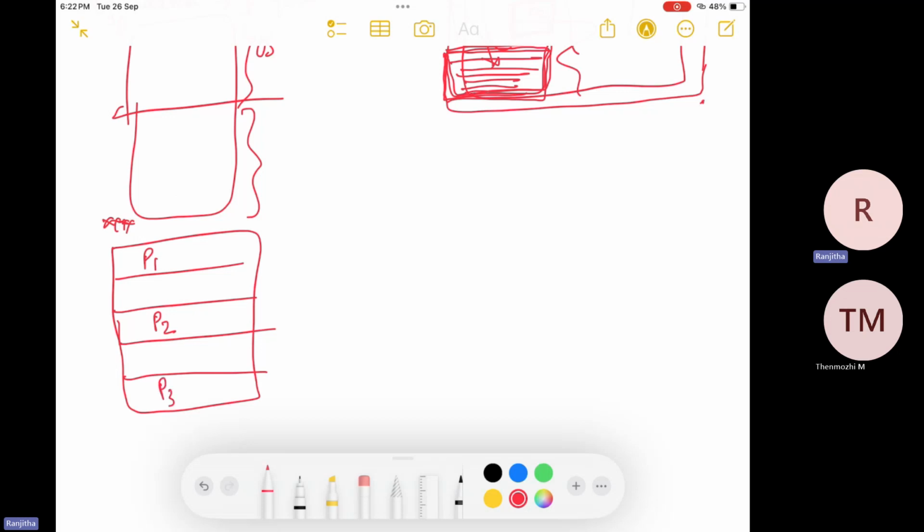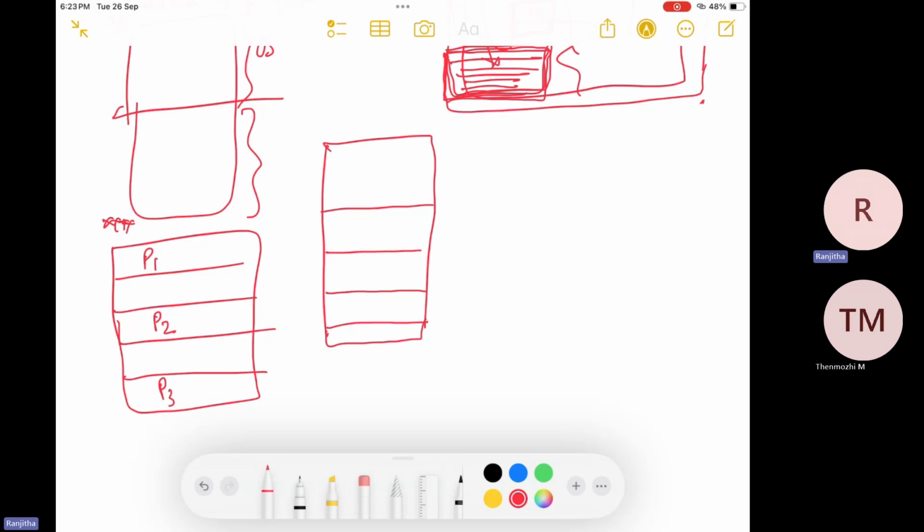Another approach was to have variable size partitions. This could be a larger partition, this a smaller one, this a very small one, and this a medium one. Based on the size of the program, one can allot the memory accordingly.